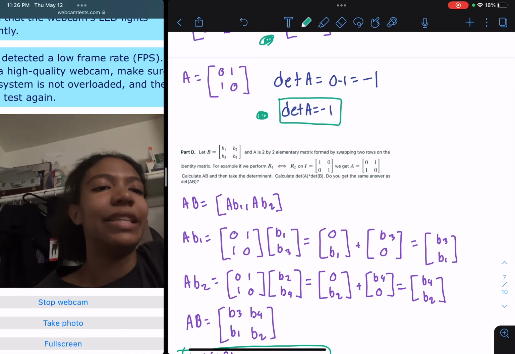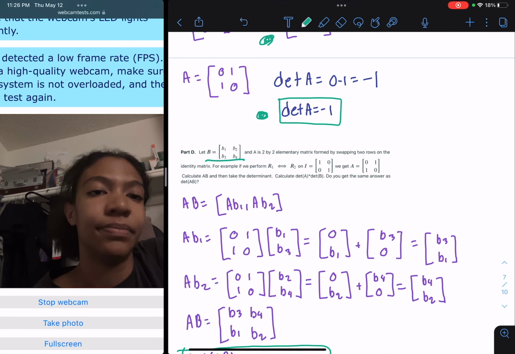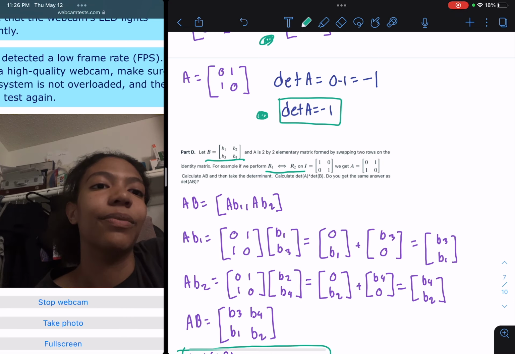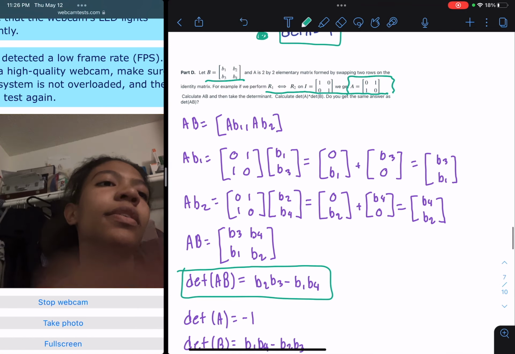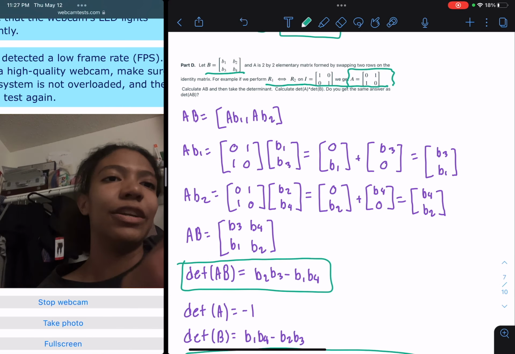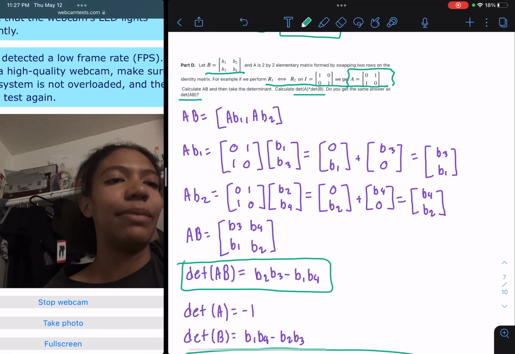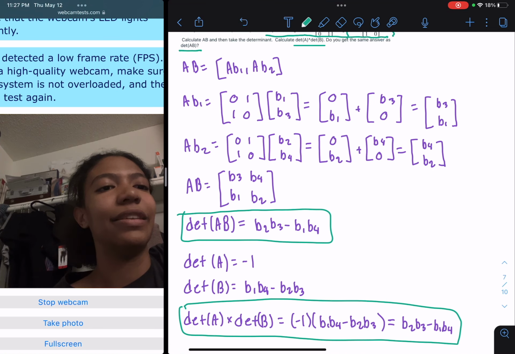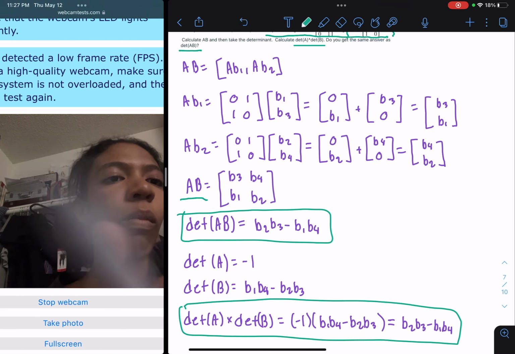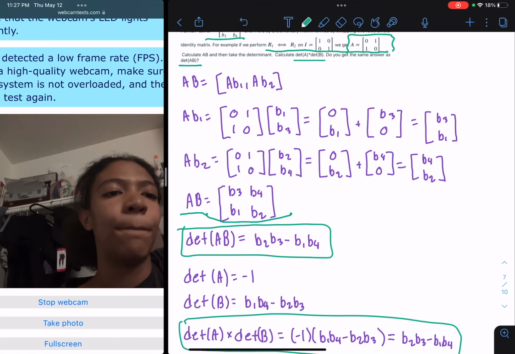Alright, and for part D, we had to let B equal this. And A was created by replacing row 1 with row 2 on the identity matrix, so we got this. And then we had to show that the determinant of A times the determinant of B is equal to the determinant of AB. So I found the AB, and that was equal to this matrix here.